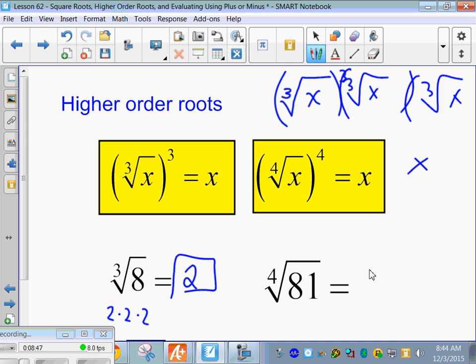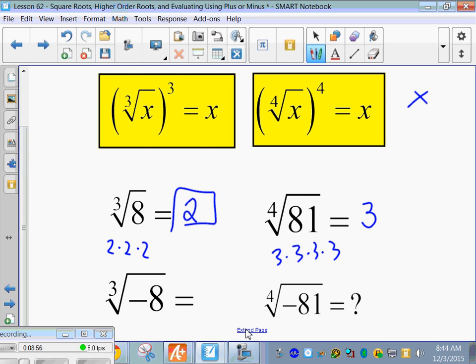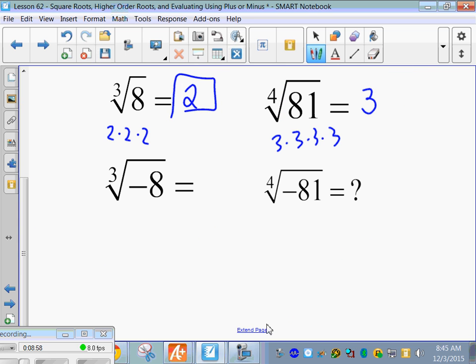Good. 3 times 3 times 3 times 3 is 81. All right, write down the next one. Now we're dealing with some negatives. Can we do the cube root of -8? Is there a number multiplied, the same number, 3 times to get -8? Nick? Yes. -2 times -2 times -2.